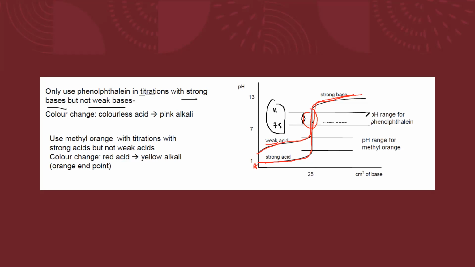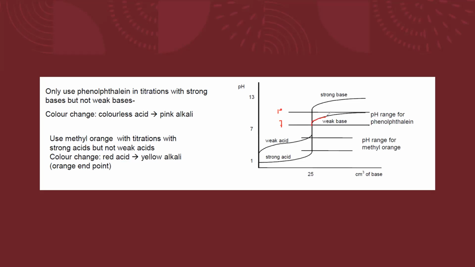So we check the vertical part, and we check the range of that indicator. The range of that indicator must lie within the vertical part. If it's not in the vertical part, it will not be an effective indicator. For example, if I'm using phenolphthalein for a weak base, you can see this is the pH range at which the phenolphthalein shows a color change.